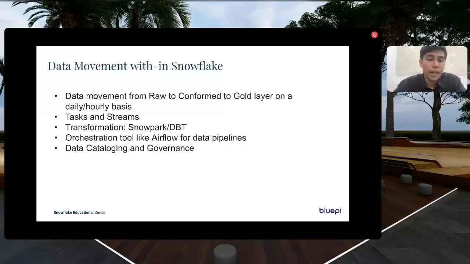For transformation, you can use Snowpark as well. Snowpark is a library introduced by Snowflake only, where you write your code in Python, and it's not only available in Python, it's available in Java, and I think, if I'm not wrong, in Scala as well.